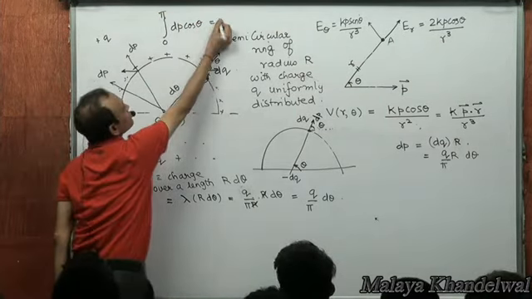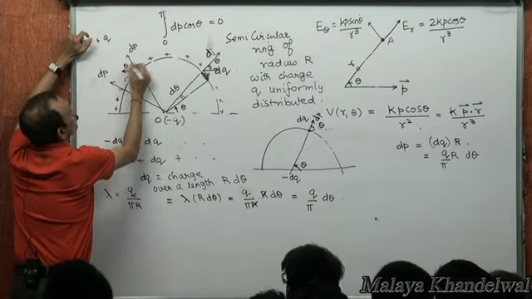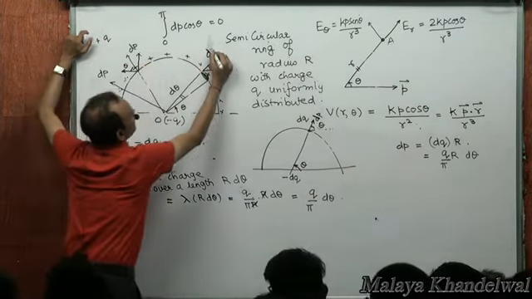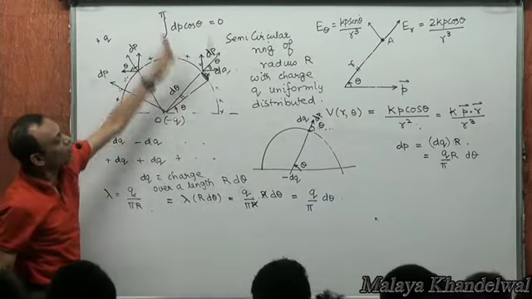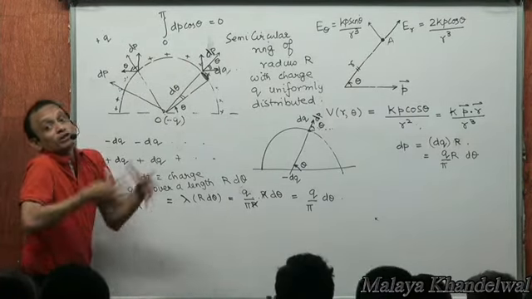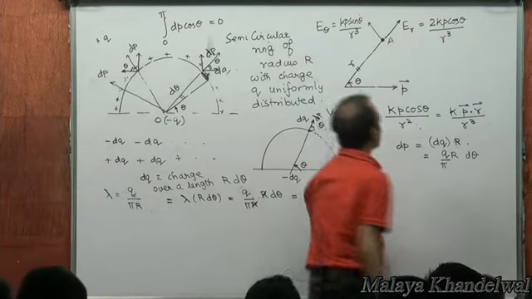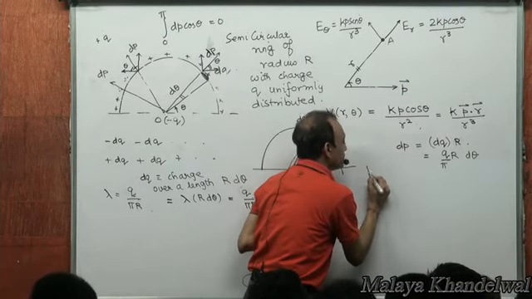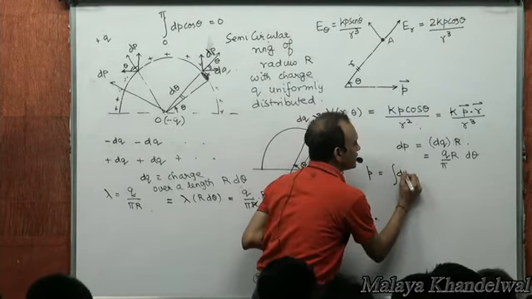Pretty easy to see that, right? So the net dipole moment parallel to the diameter is 0. That means the net dipole moment would be the sum of all the dp sine thetas, which are perpendicular to the diameter, where theta runs from 0 to pi.